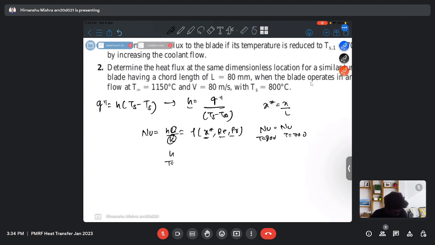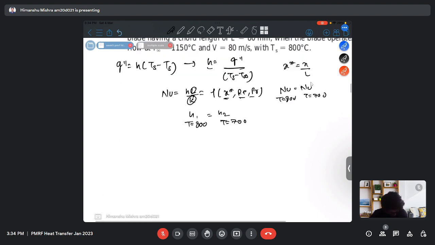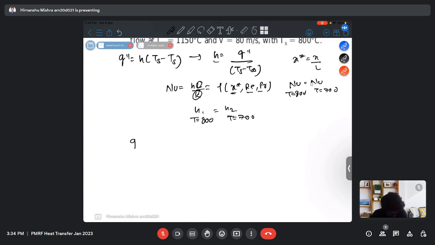So heat transfer coefficient for temperature 800 is equal to heat transfer coefficient at temperature 700, which means that, let's say my heat flux is Ts minus T infinity, and in the second case my heat transfer will be Ts2 minus T infinity.